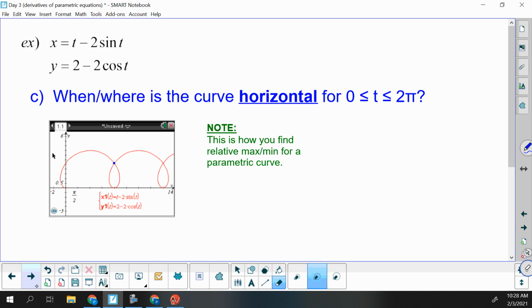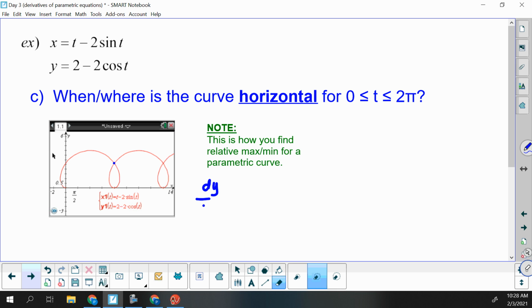All right, and our last one for this video, when and where is the curve horizontal? So let's find the when first. Well, let's take our derivative that we had.